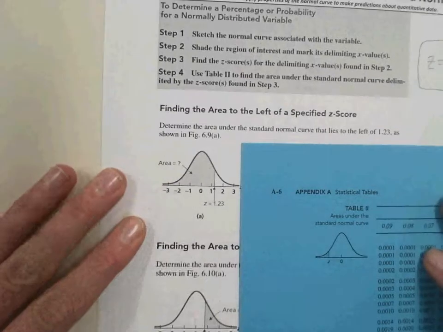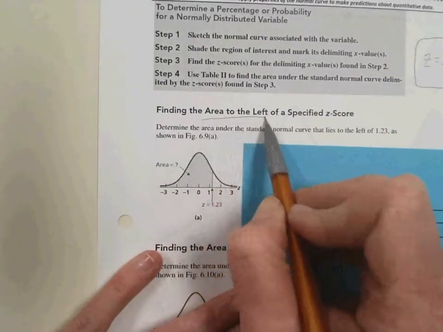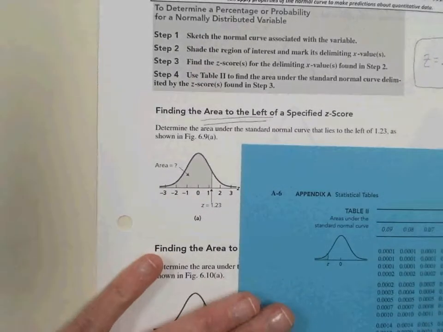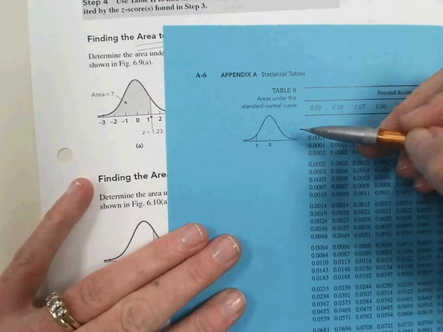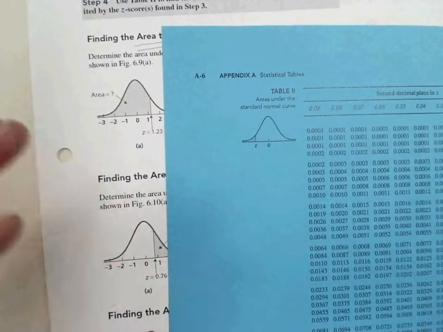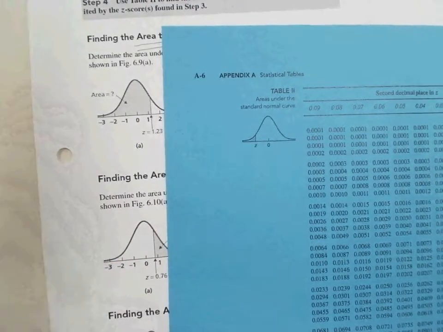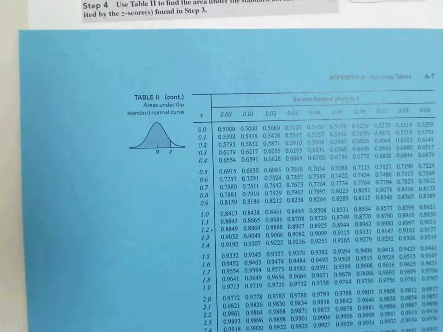So in the first example, we'll be talking about the area to the left, which is the standard. When you look at the shaded region in this little picture here, it's to the left. So if we're just looking up the value, it's assumed to be to the left. So we look up 1.23. So we go to the positive side. That's one of the tricks.